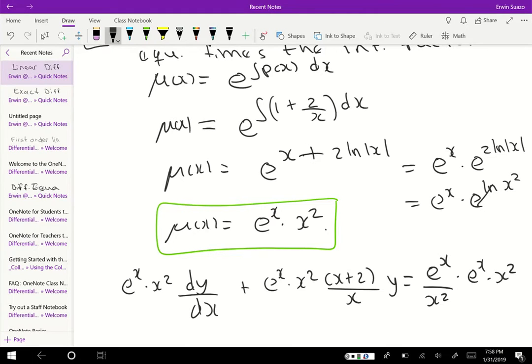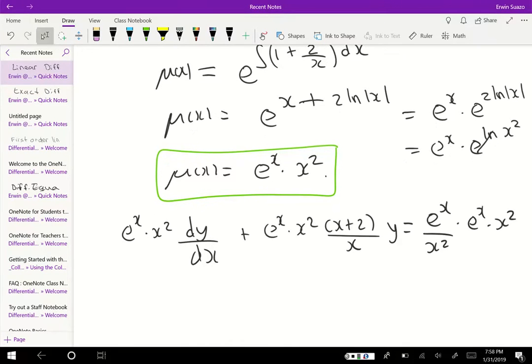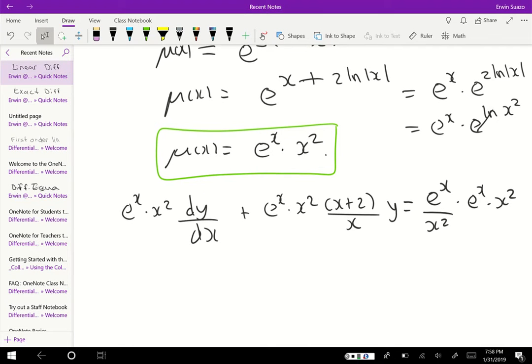Advice: don't skip steps here, okay? Don't try to do it in your head because it will play games with you. You make tiny mistakes and that will affect your solution.